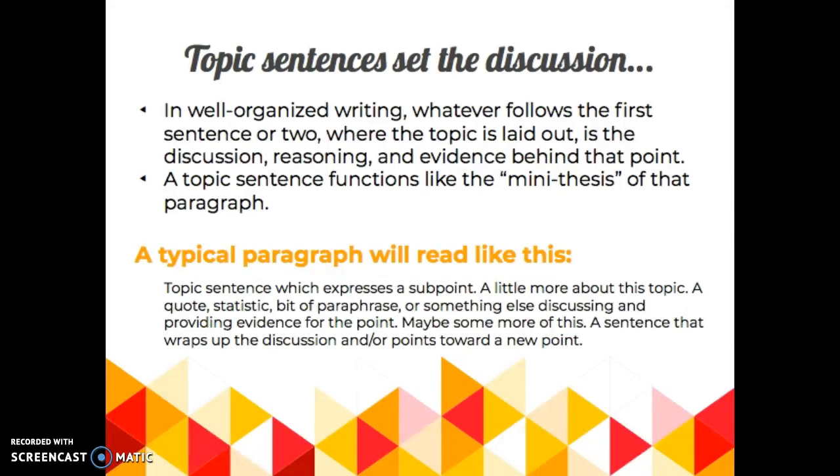So you're synthesizing your sources and establishing a pattern of evidence for your point. Afterwards, you'll have a sentence that wraps up the discussion and possibly points toward a new point. And then you'll just repeat the whole process over and over again until you reach the end of your paper or your conclusion. As you can see, topic sentences are a huge part of this, and they really set the discussion for the entire paper.